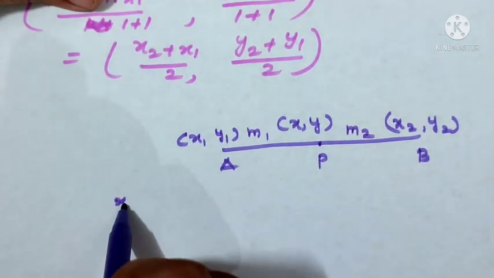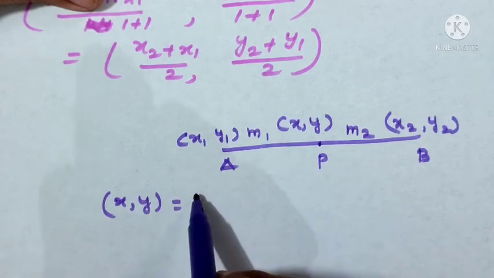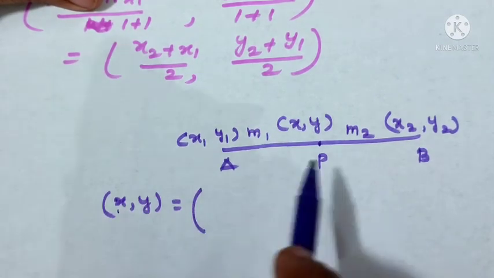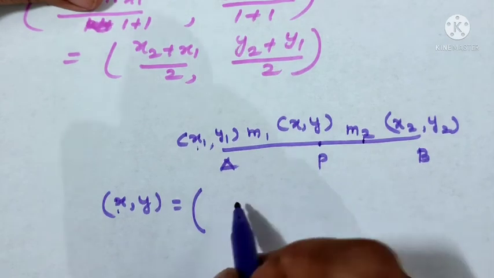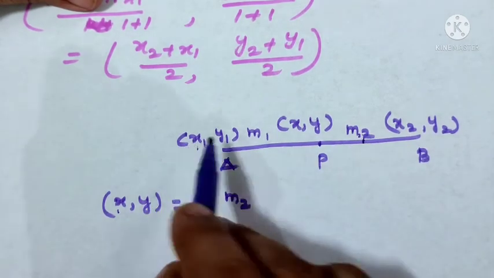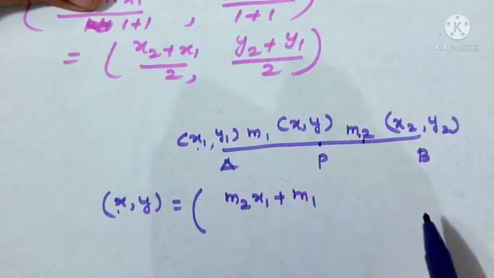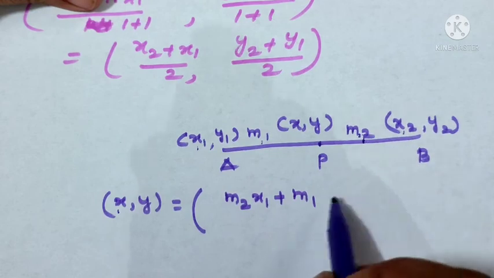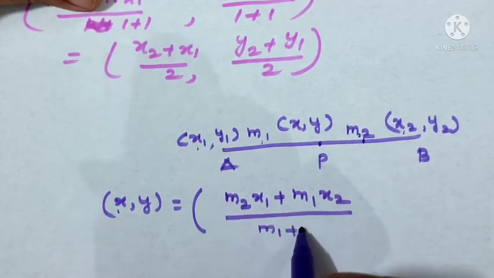Now what we learned, the formula x comma y equal to, x value we are writing first. So m2 I am writing first. If I am taking x1 as the coordinate, m2 for second ratio, then first coordinate x1 plus m1, next ratio m1 I am writing, then x2 coordinate, divided by m1 plus m2.